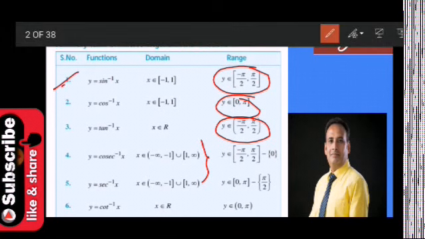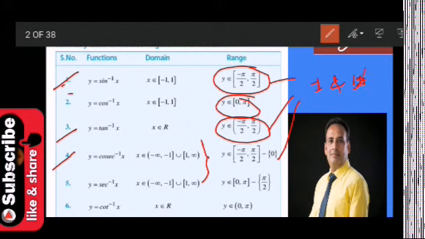This is the first, third, and this one the fourth. These three functions share the first and third quadrant, and these three functions share the first and third quadrant, as I write here: first and third quadrant. This is to be noted.